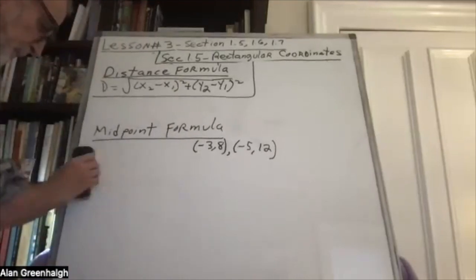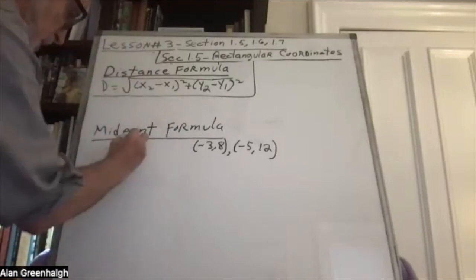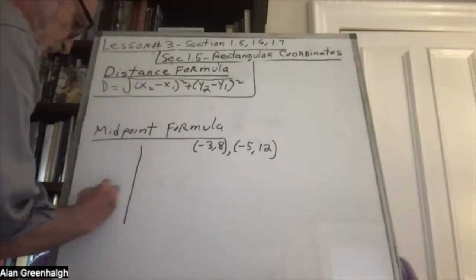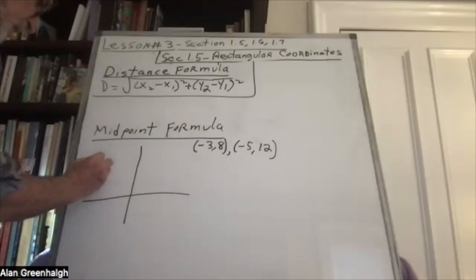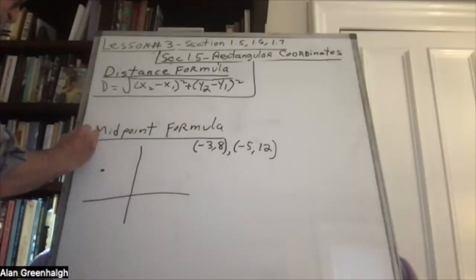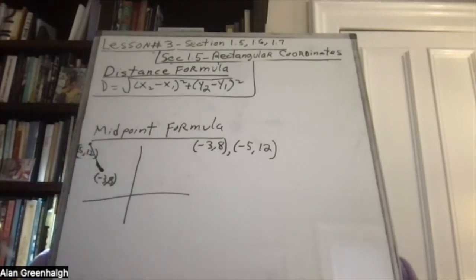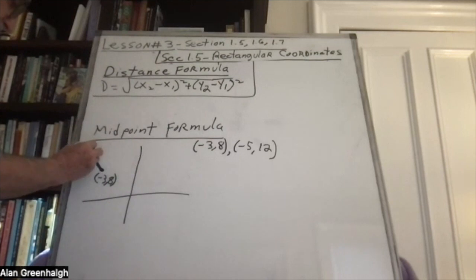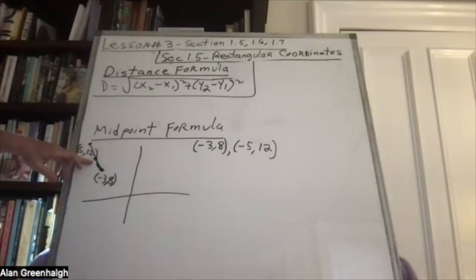The problem is that I don't have enough room to create what I'm trying to create here. So -3, 8 would be, let's say, up here. -5, 12 would be over here. Okay, and the question is, what is the midpoint of this line? It's going to be somewhere in the middle. And we want to be able to figure that out.